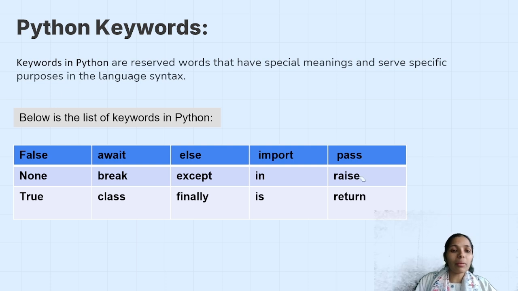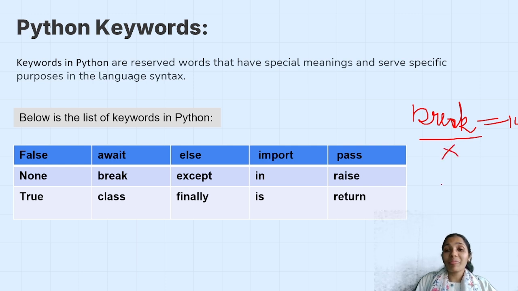Now for example, in order to initialize any of my variables, I cannot use break equal to 10. So I cannot use break as my variable. It's wrong, because break is a keyword. So keywords are those words which are reserved, they have specific meaning, and they also have their specific purpose.